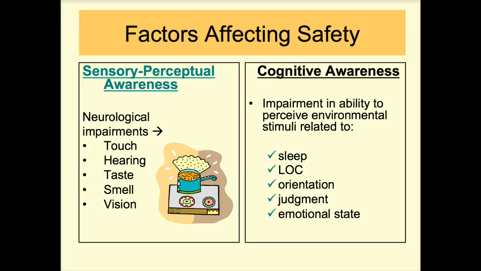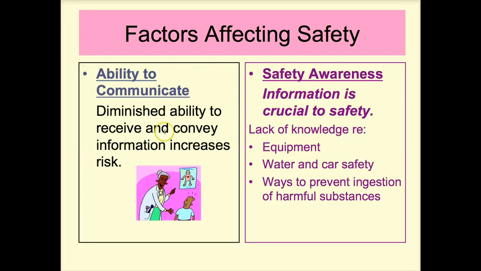Is it because of medication, stroke? Do they have impaired judgment? Are they in an unsafe emotional state, such as a person who wants to hurt themselves? They don't feel they can live anymore. So you're looking at the sensory perceptual awareness and the cognitive awareness, and you're assessing, is there a problem related to safety that I need to address with my good nursing care?